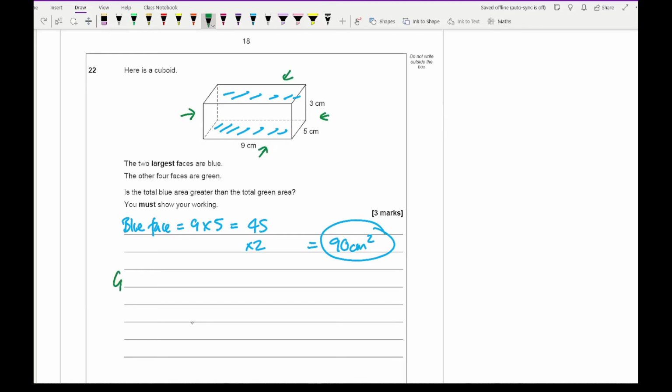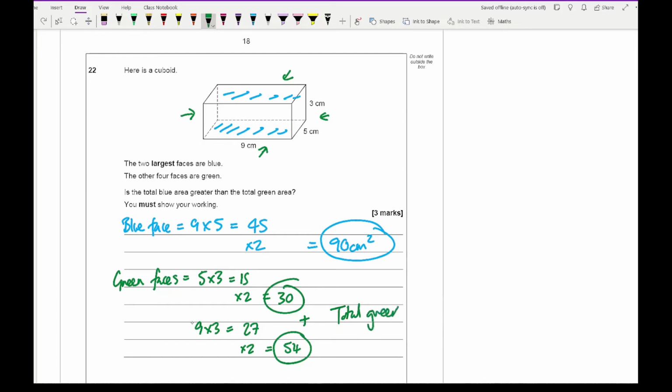So in terms of the green faces, I'm going to have 5 times 3, which is 15, and I've got 2 of those, so that's 30. And I've also got 9 times 3, which is 27, and again I've got 2 of those, so that's going to give me 54. So what I then need to do is add those 2 numbers together to get the total. So the total green is going to be 84 centimeters squared.